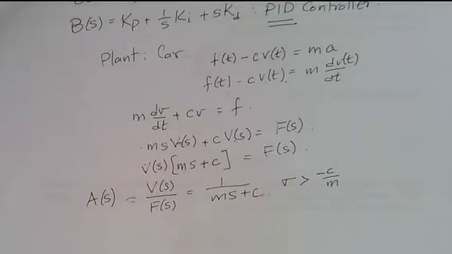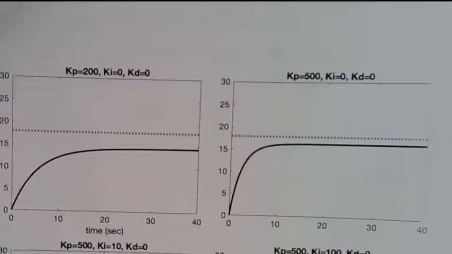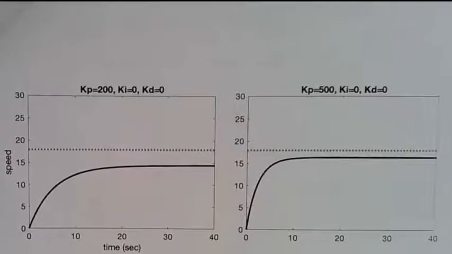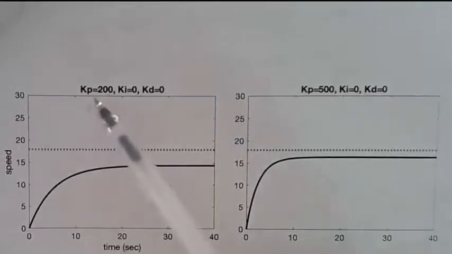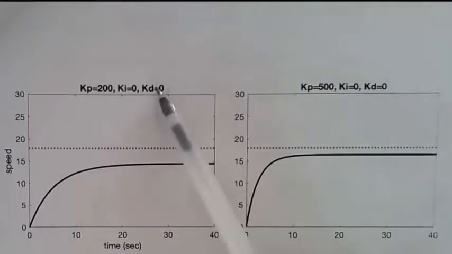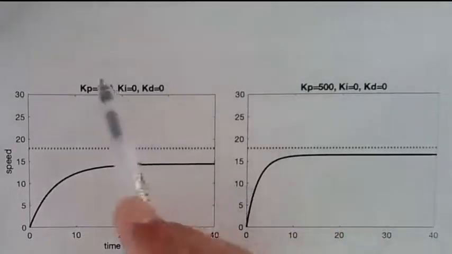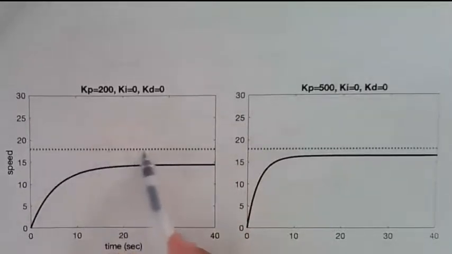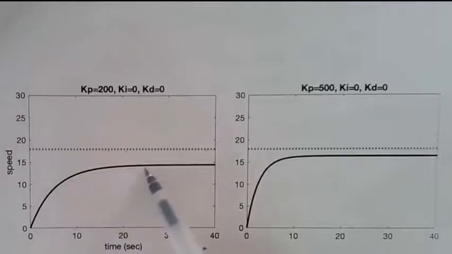Let me show you this. The program itself is in the write-up, and you can play with these values of Kp, Ki, and Kd if you want. Kd didn't have much of an effect, so I'm leaving it alone in this one. So here is the speed that I want to be at, and here is the actual speed, the measured speed.